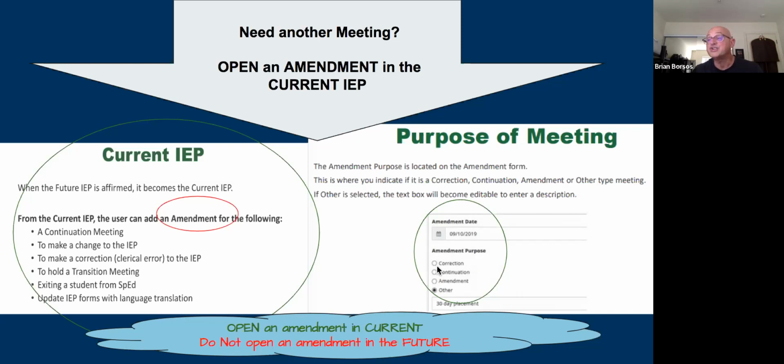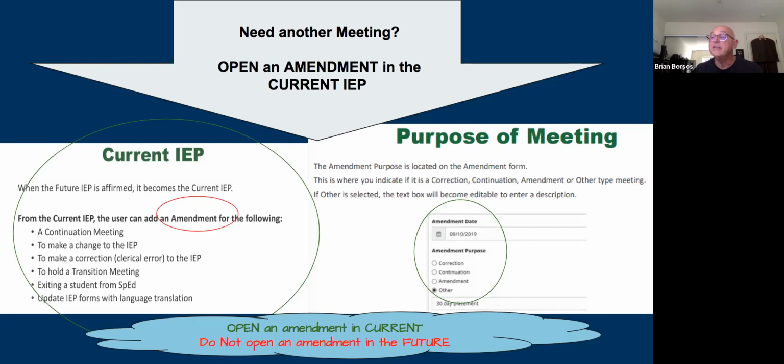Or corrections: if they are clerical errors, a meeting does not have to be held. Those corrections can be made through the amendment, and we still need to get signatures. But if it's a clerical error correction, then it's okay to not hold the actual meeting and just do it through an amendment. The case managers know that.